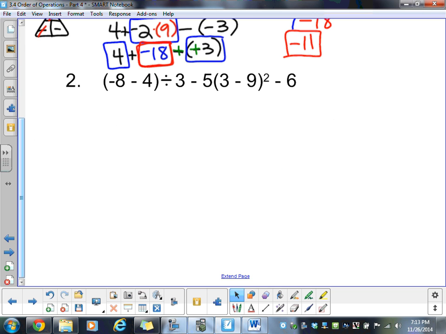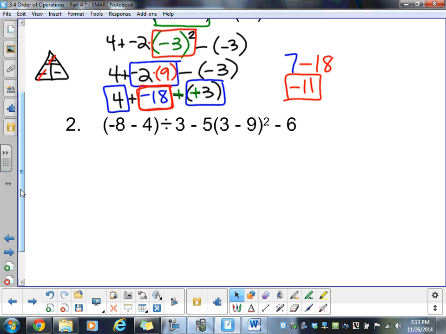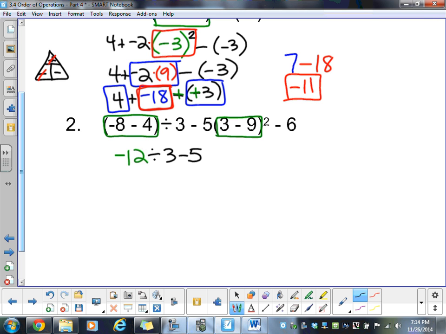This one has 2 sets of parentheses where we can actually calculate something. We have this negative 8 minus 4, and we have this 3 minus 9. Negative 8 minus 4 means I have 8 bad guys and 4 more bad guys, which means I have 12 bad guys, or a negative 12. Divided by 3 minus 5, I'm going to rewrite again.